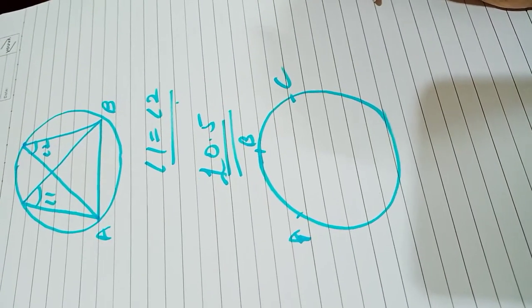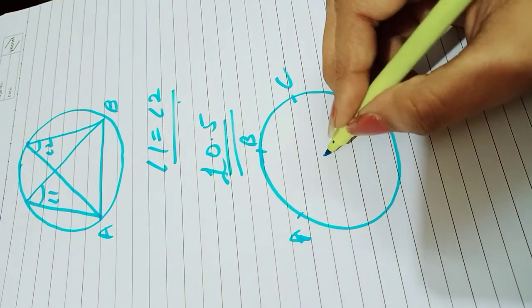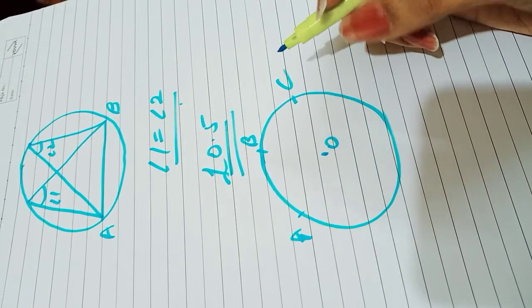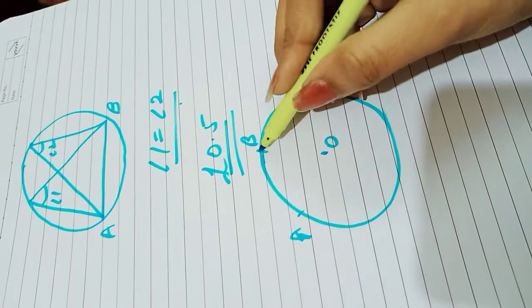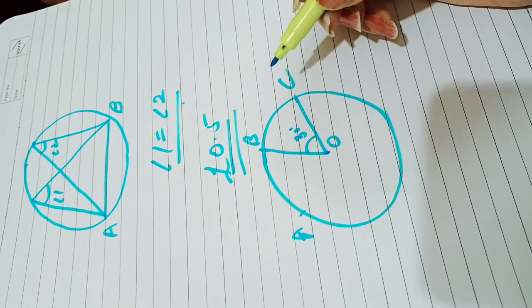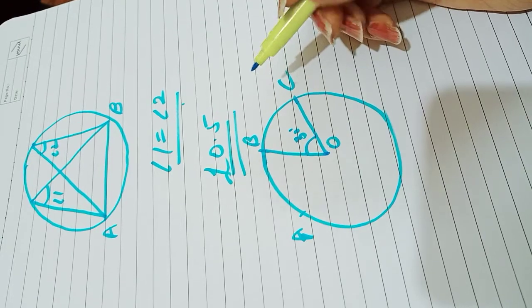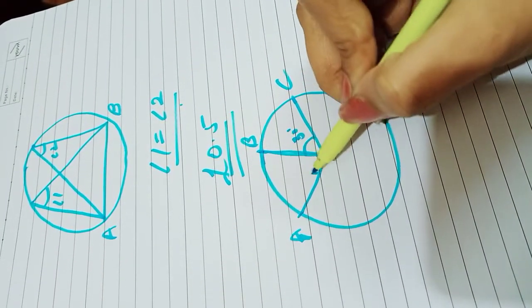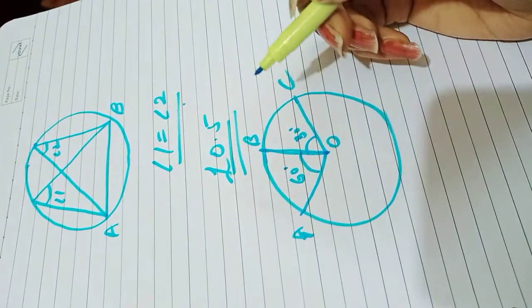O is the center of the circle, such that angle BOC is 30 degrees, and angle AOB is 60 degrees.